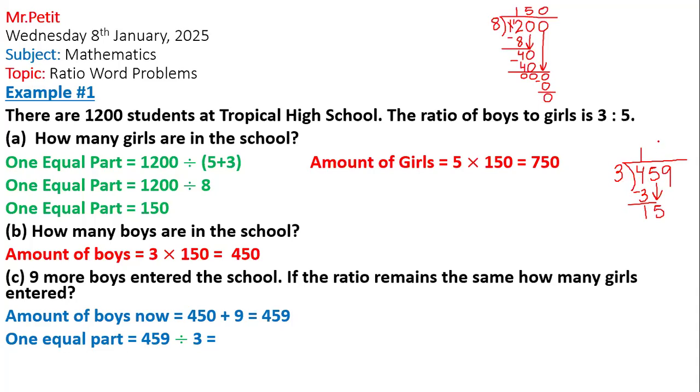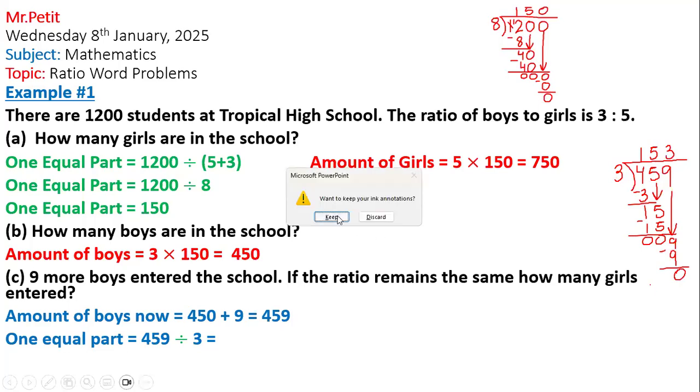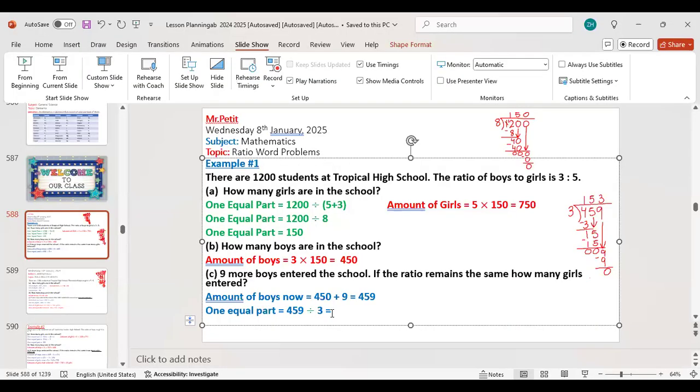How many times does 3 go into 15? 5 times. 3 times 5 is 15. 15 minus 15 is 0. Bring down the 9. How many times does 3 go into 9? 3 times. So it's 153. And so that means the new 1 equal part is going to be 153.